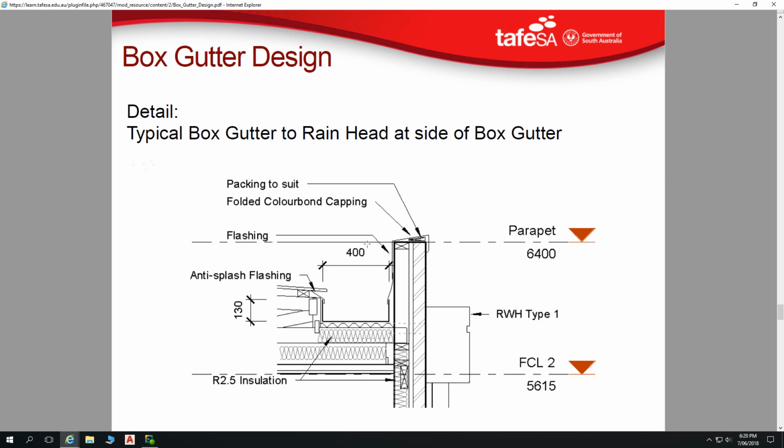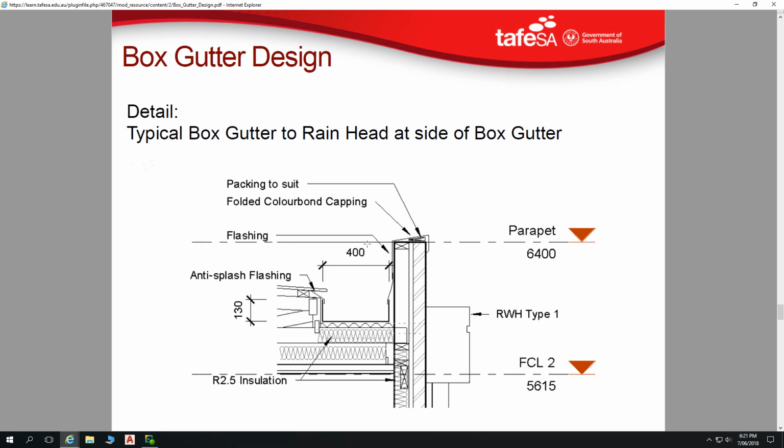For your standard residential projects in Climate Zone 5, you're going to have an R5 insulation there, so possibly that's what they've got. We've got 2.5 there, and possibly another 2.5 underneath that. Then this detail includes a downpipe out from that box gutter into the rain head, exiting that way.